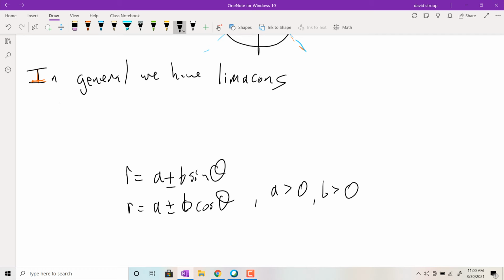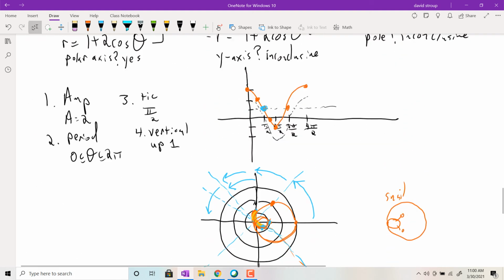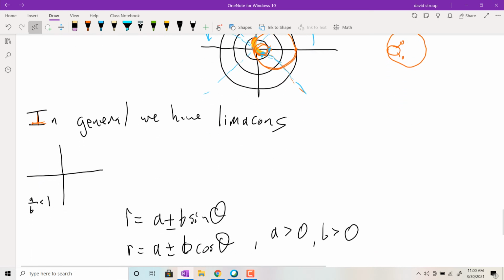And what do they look like? So when the ratio of a over b is less than 1, like we have in this case, so a was 1, b is 2, so 1/2 is less than 1, you get the one with the snail head. Okay, so you'll get the snail head version.